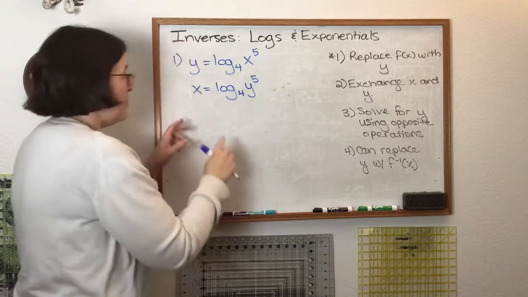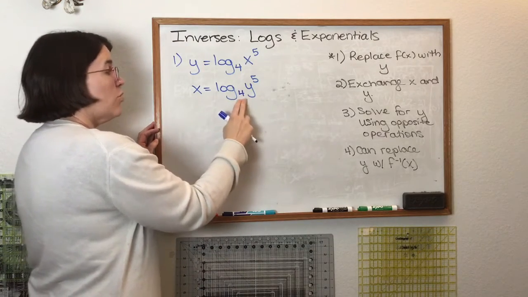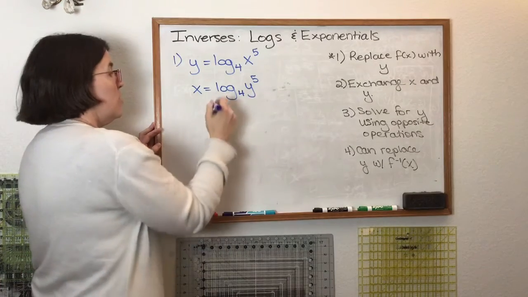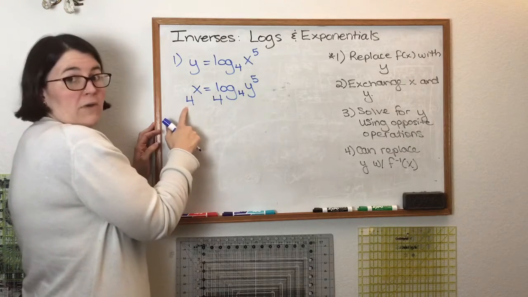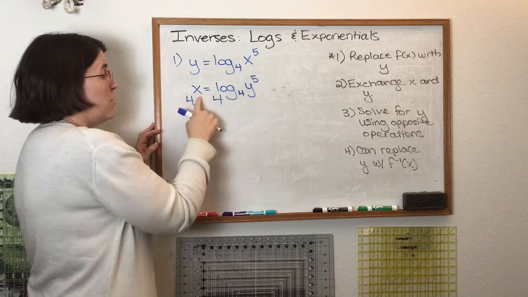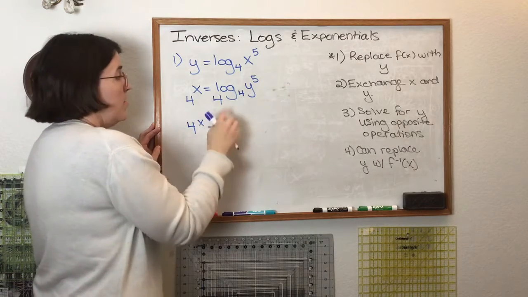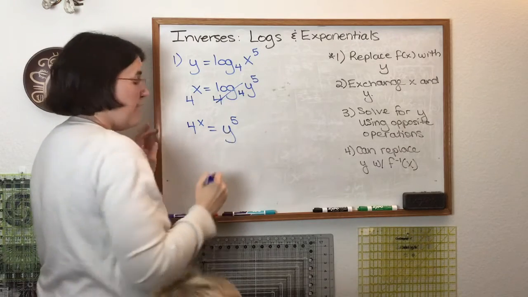So what I'm going to do is introduce a base that matches on both sides in order to start to get this log gone and this y alone. So I'm going to do a log base 4, right? It was log base 4, so now I have 4 to the x equals 4 to the log base 4. The 4 to the log base 4 reduces, and I'm left with y to the 5th.